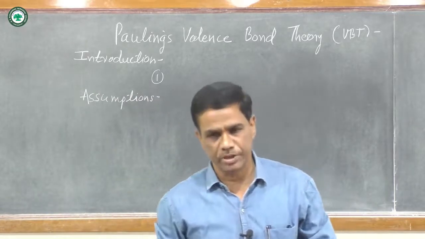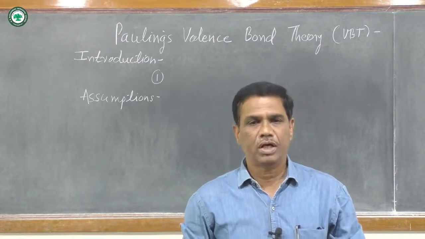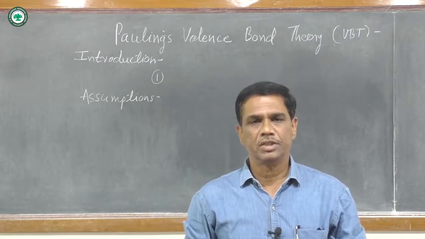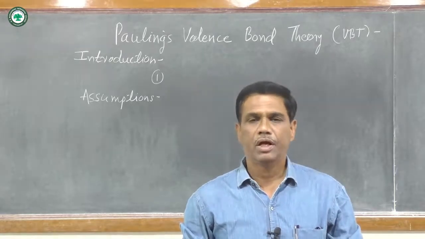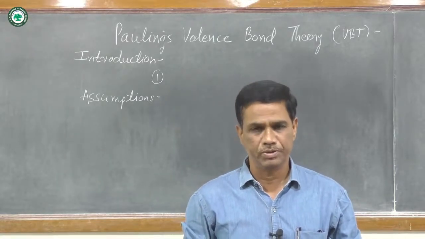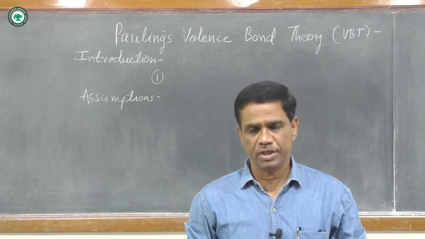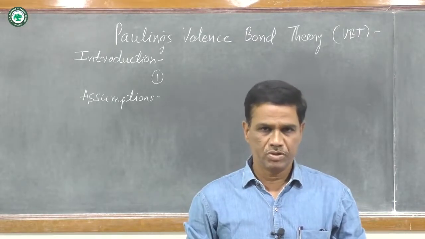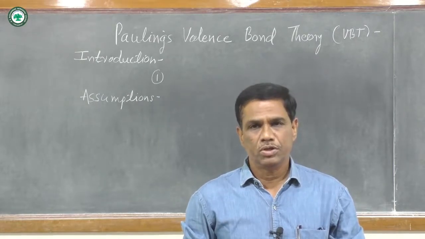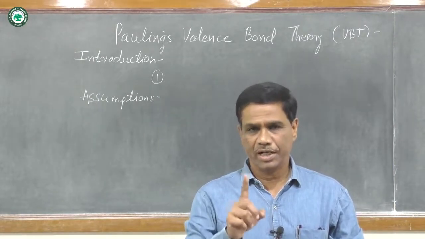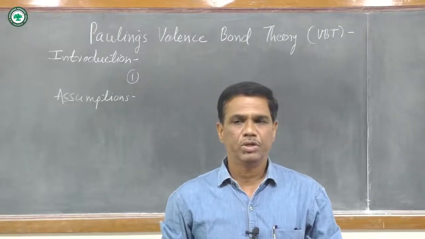According to the valence bond theory, atoms combine and molecules are formed, and when molecules are formed, they retain their original identity or entity. Next, each ligand donates a lone pair of electrons; at least one lone pair of electrons is donated by ligands according to the VBT.